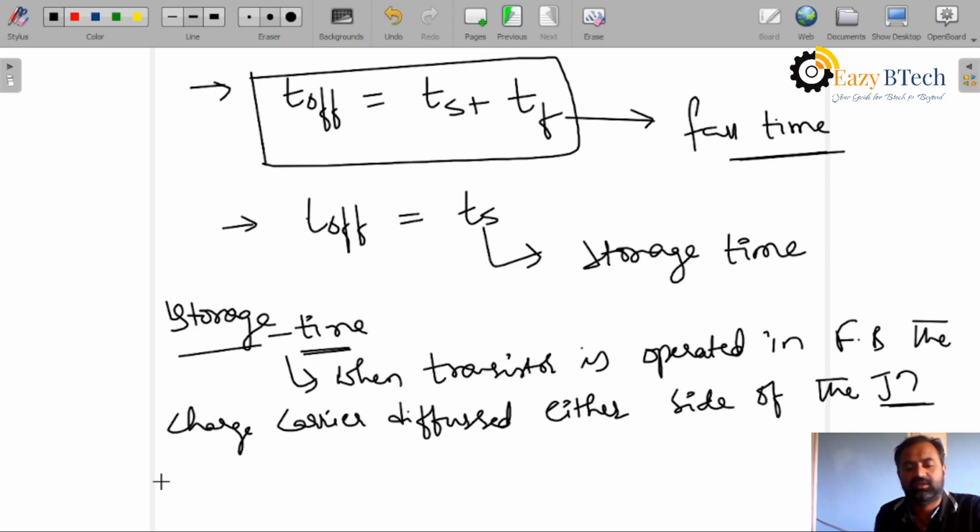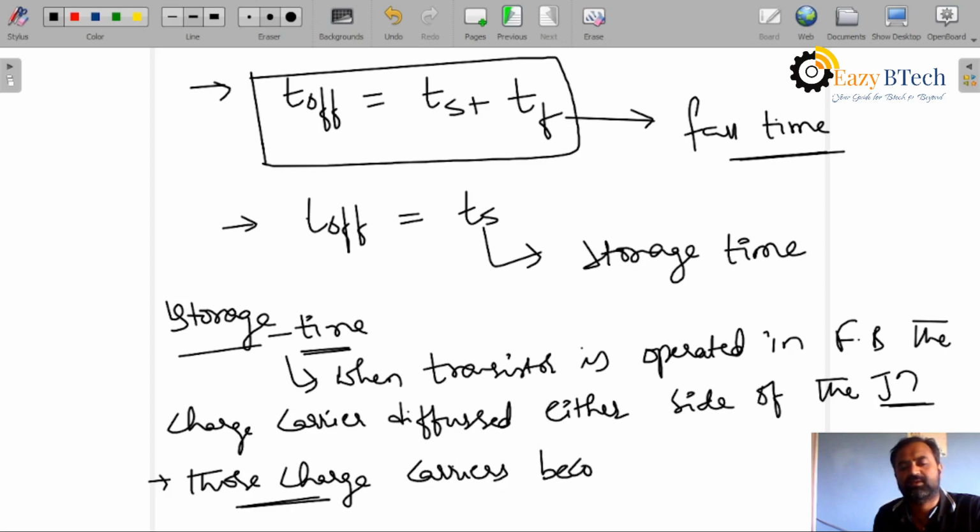Those charge carriers become minority carriers.